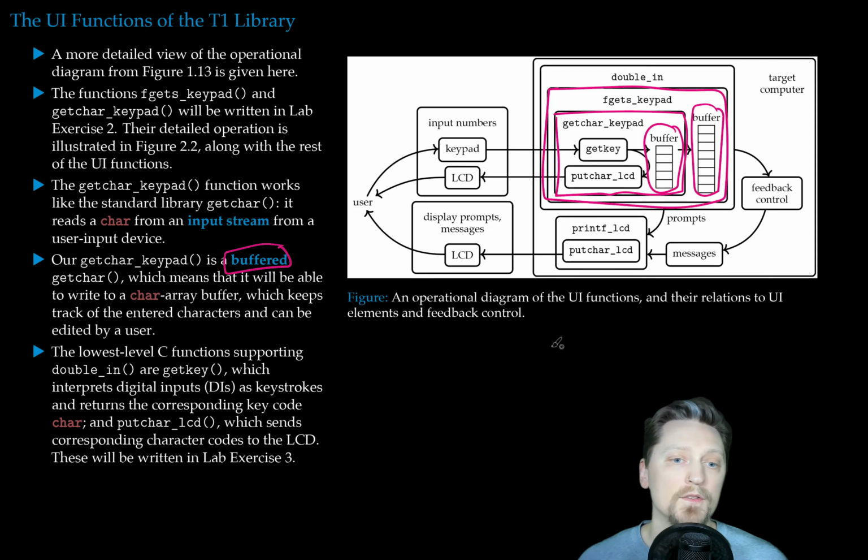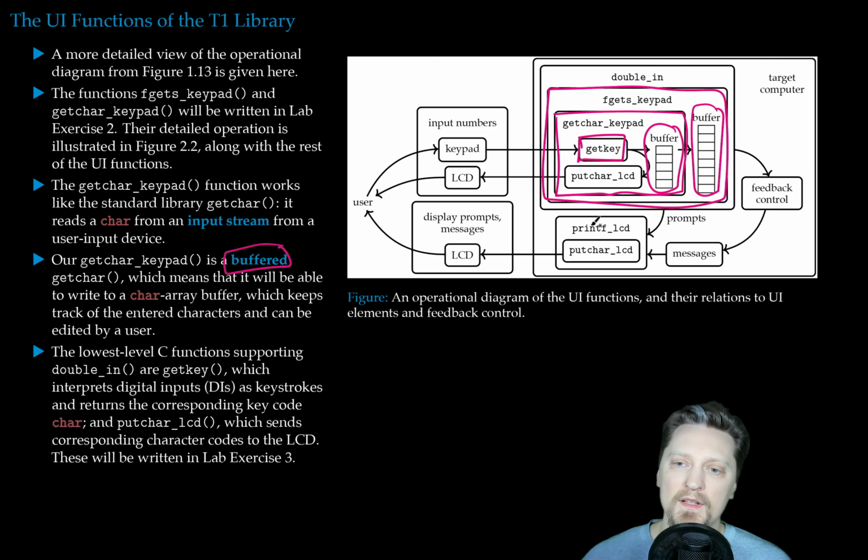The lowest level C functions supporting double in are get key, which is right here, which interprets digital inputs or DIs as keystrokes. So digital inputs are going to go from high to low or low to high, and we're going to interpret that as a keystroke on the keypad.